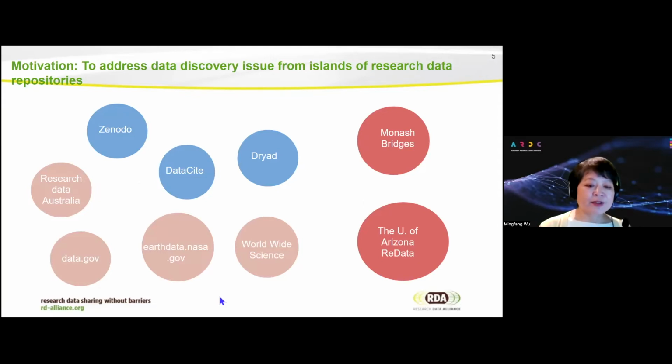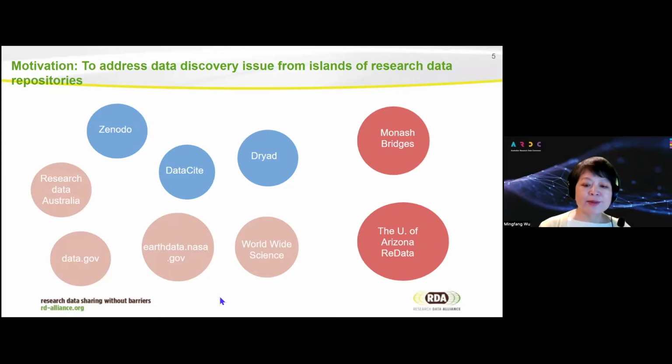And much effort has been invested to make metadata and data FAIR: findable, accessible, interoperable, and reusable, so we can support open science and data-driven research.